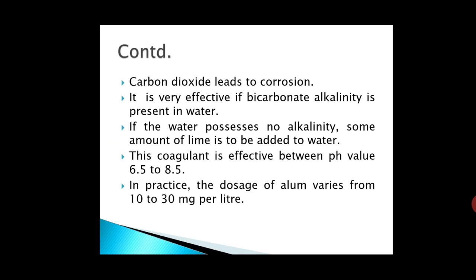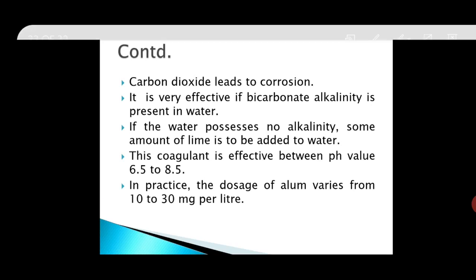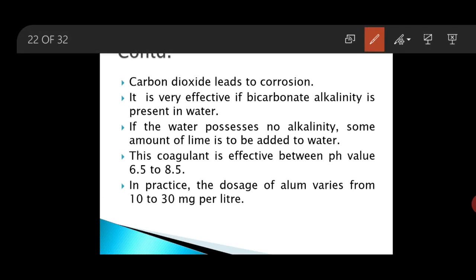So this alum is very effective if bicarbonate alkalinity is already present in raw water, and if your water does not have any alkalinity, then you can add some amount of lime to the water.